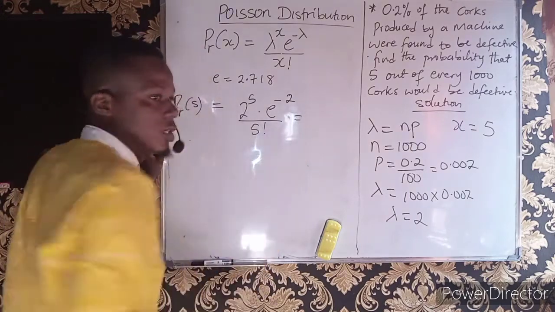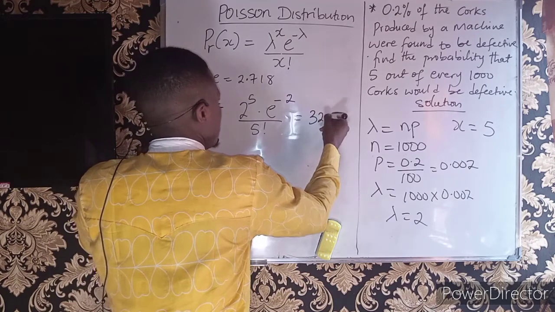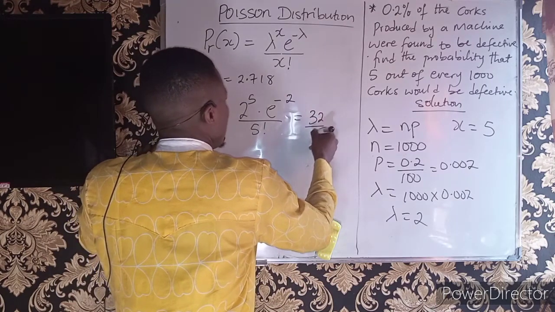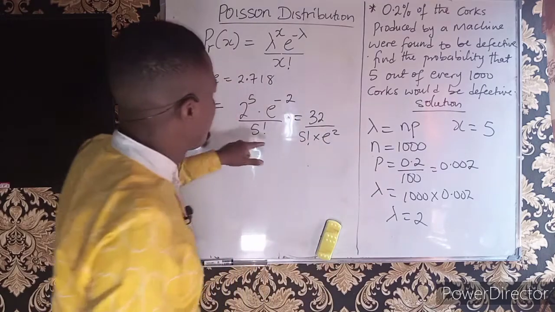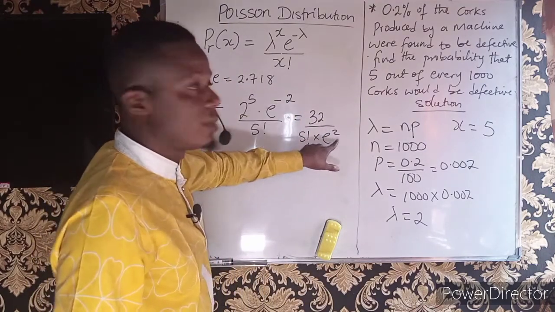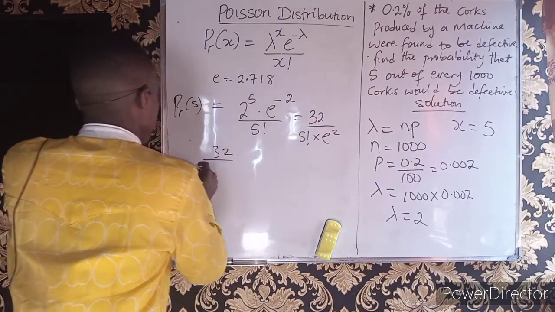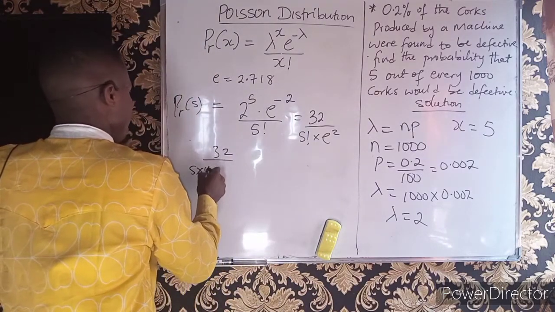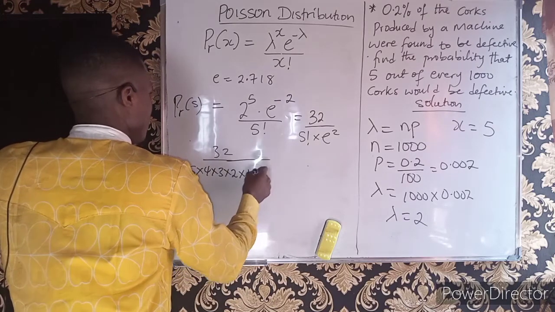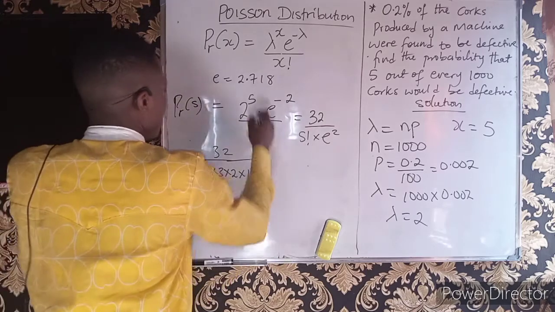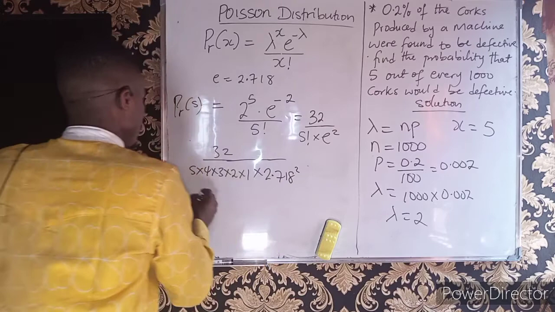Now, to apply the knowledge of indices to make this simpler, 2 to the power of 5 is 32, over 5 factorial times e squared, because from indices, when this negative power comes down, it becomes positive. So I have 32 over 5 factorial, which is 5 times 4 times 3 times 2 times 1, then times e, which is 2.718, to the power of 2.